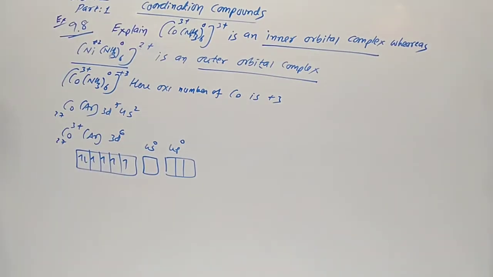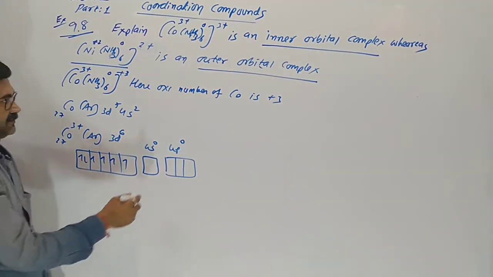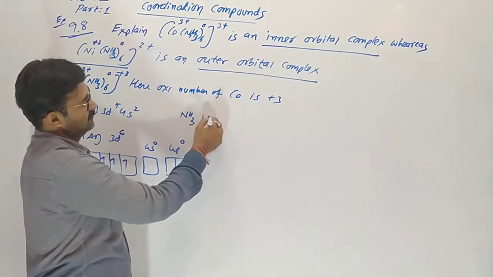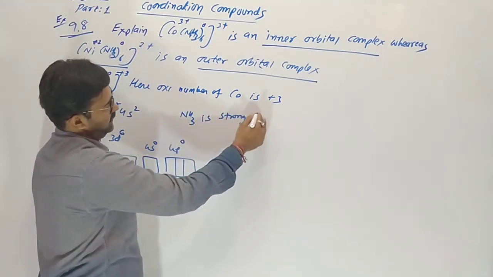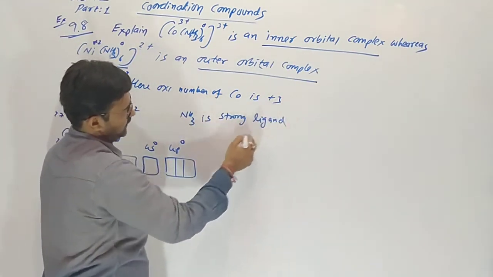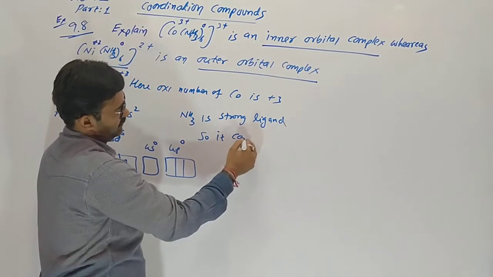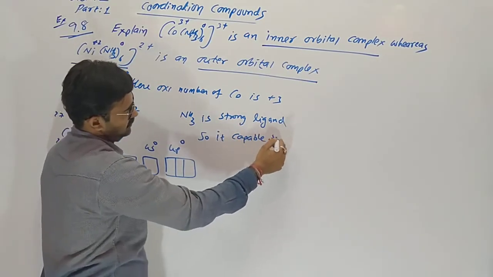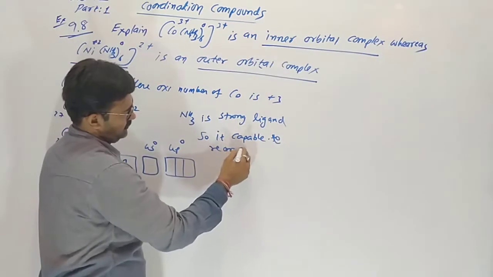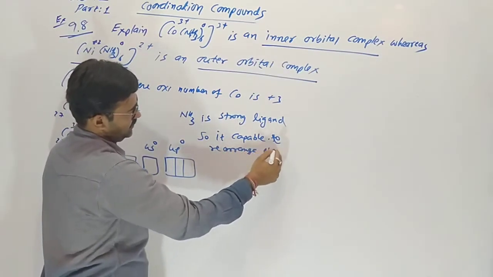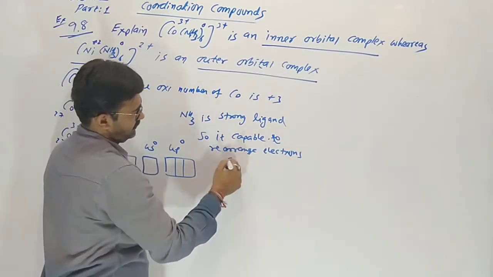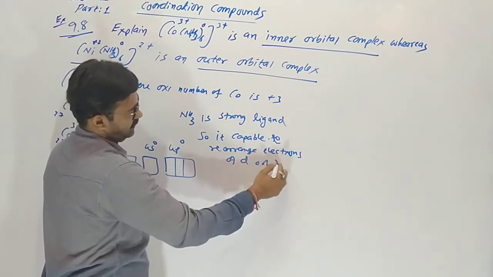Here amine is a strong ligand, so it is capable to rearrange the electrons of the d orbital.